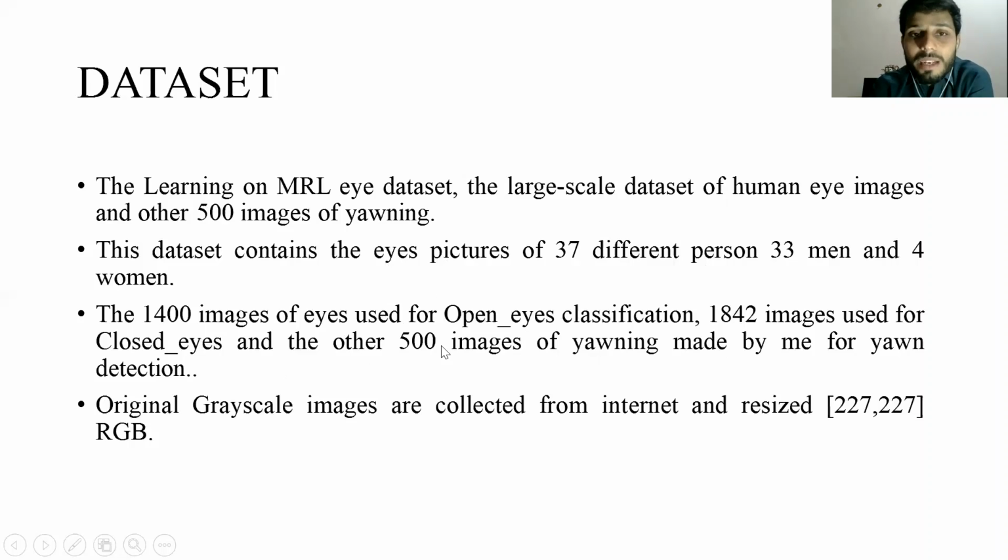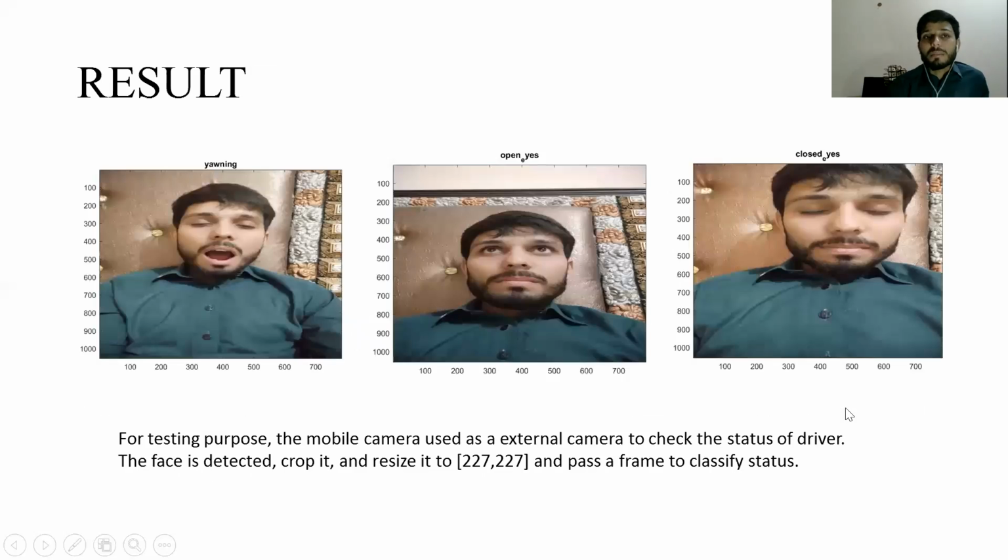And remember that this dataset of 37 persons is based on grayscale images. So first I converted them into RGB images and then trained the network. Original grayscale images were collected from the internet and resized to 227 by 227 and RGB.